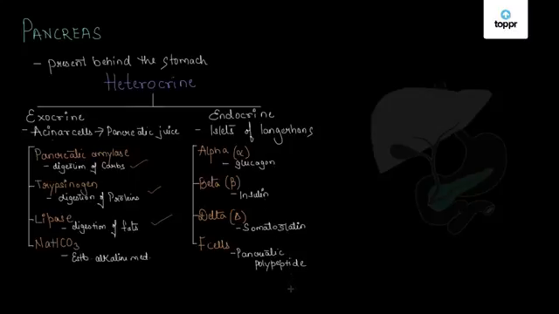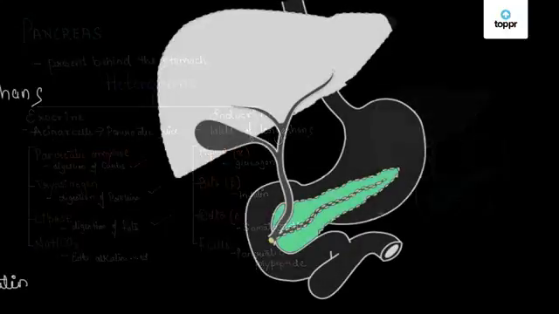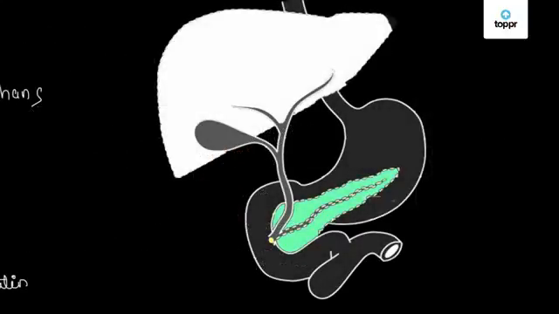Now as we had learnt in the figure of the liver, the pancreas looks somewhat like this. So this green structure we see here is the pancreas and it contains two types of duct. This main duct is the pancreatic duct and it releases the secretion of the exocrine part of the pancreas, which means the pancreatic juice.